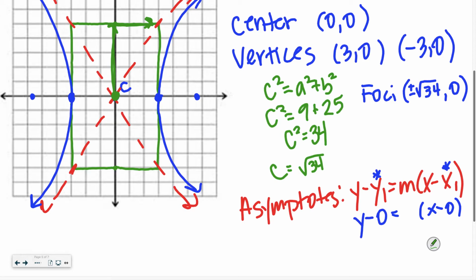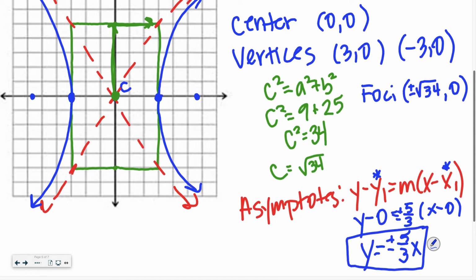So our slope is 5/3. If I look at the other one, we would go up 5 and left 3. So that slope is negative 5/3. So I'm just going to write it together. Y equals plus or minus 5/3 x would be the line, or the two lines that are our asymptotes.